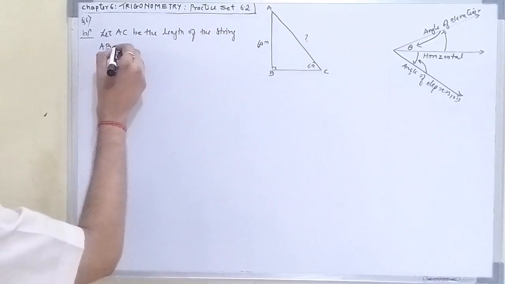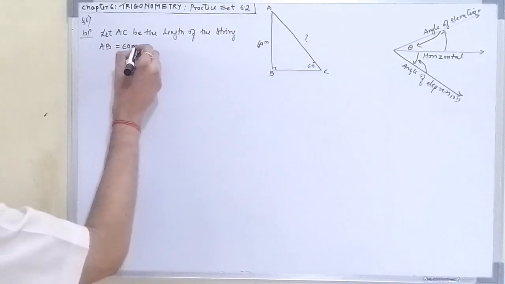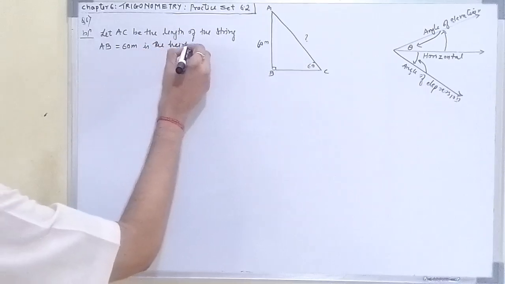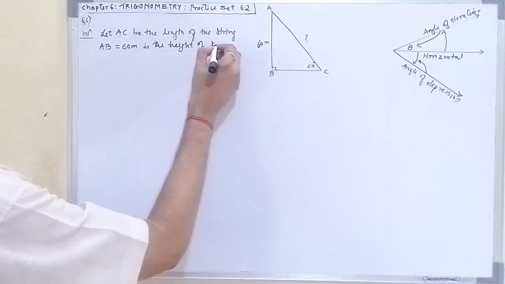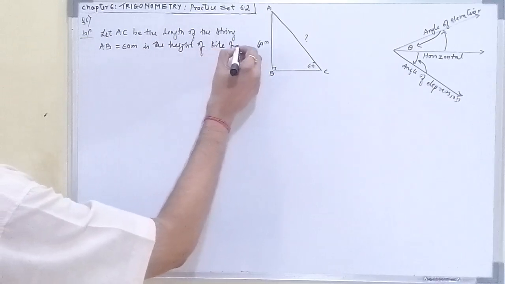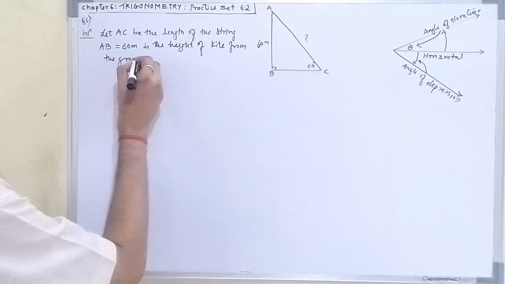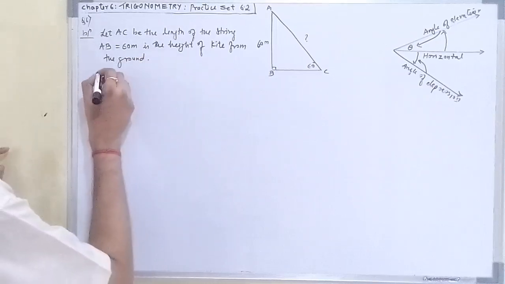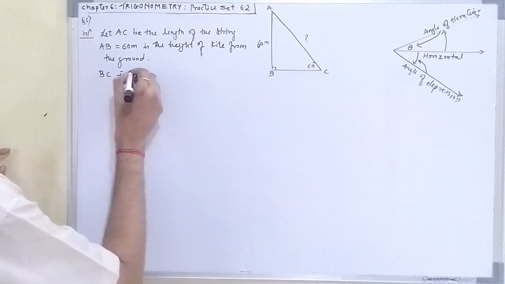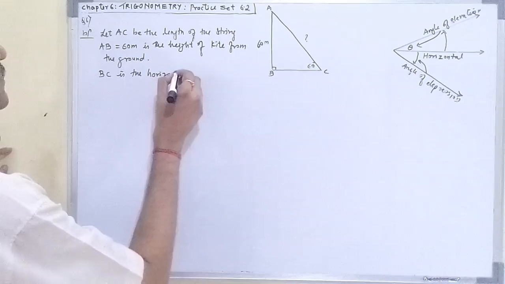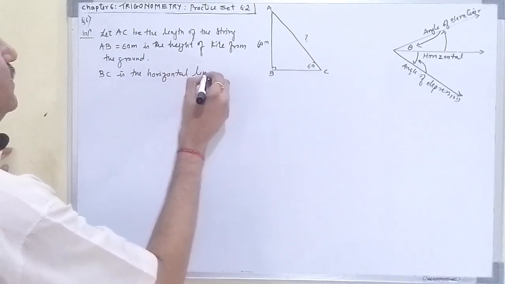AB, 60 meter is the height of kite from the ground. BC is the horizontal line.